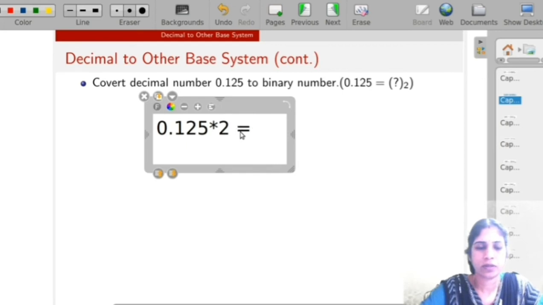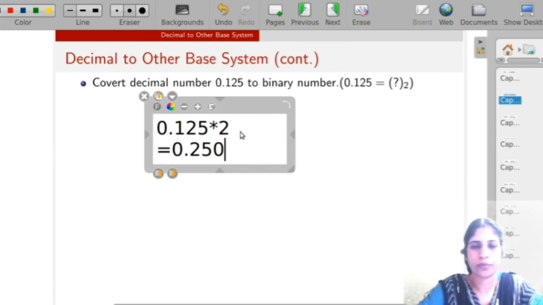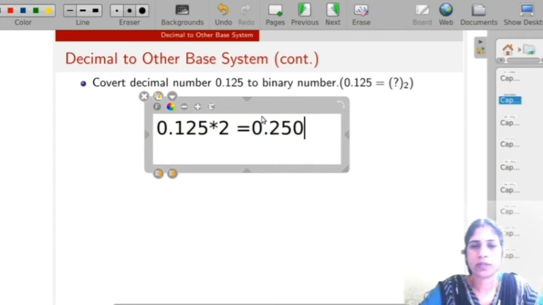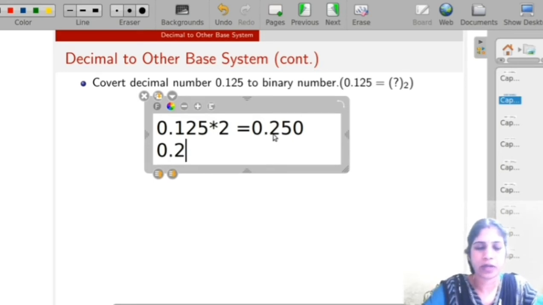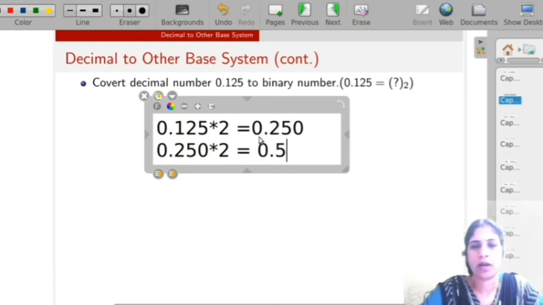So we get 0.250. We take 0 as the first digit of the result and again multiply the fractional part 0.250 by 2. So we get 0.5 as the answer.